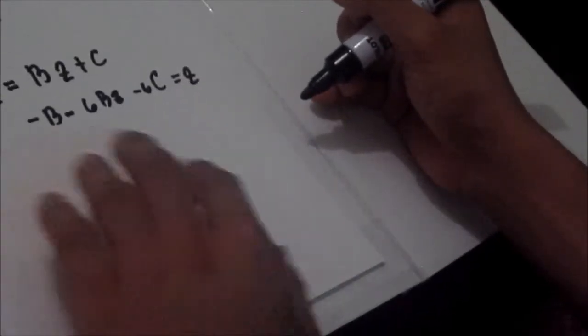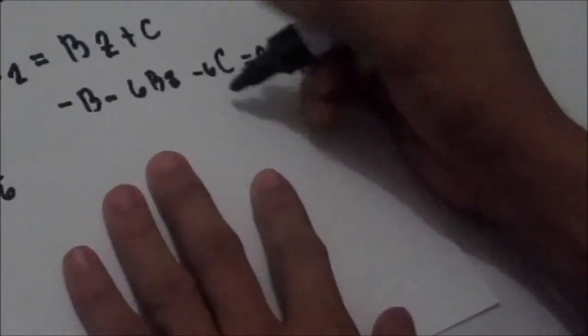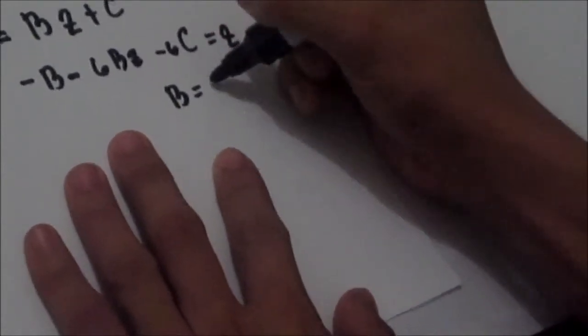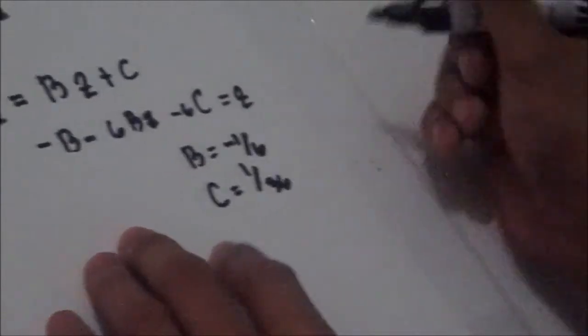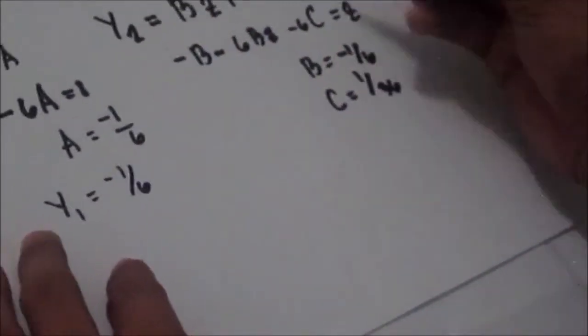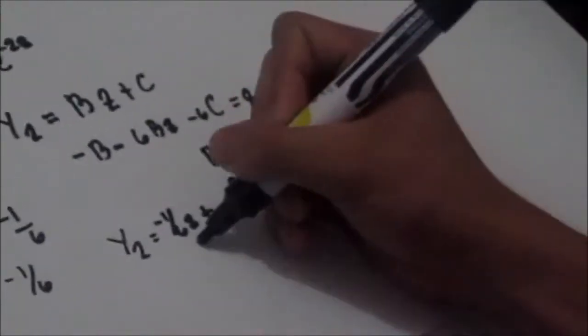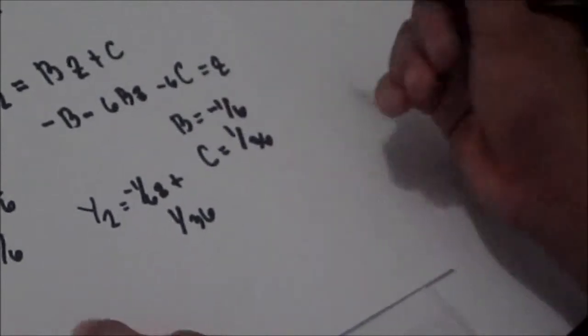By solving this equation simultaneously, we will get b equals negative 1 over 6 and c equal to 1 over 36. Hence, we will now have y1 equals negative 1 over 6 and y2 is negative 1/6 z plus 1 over 36.